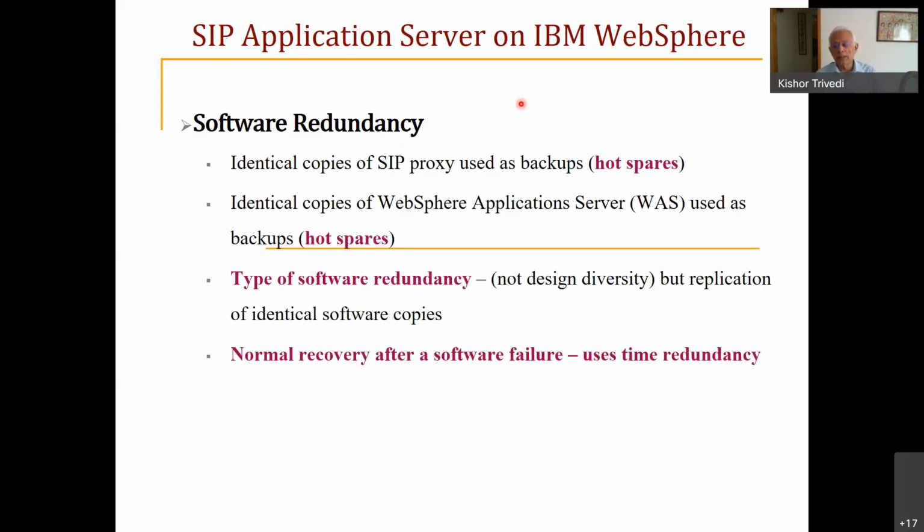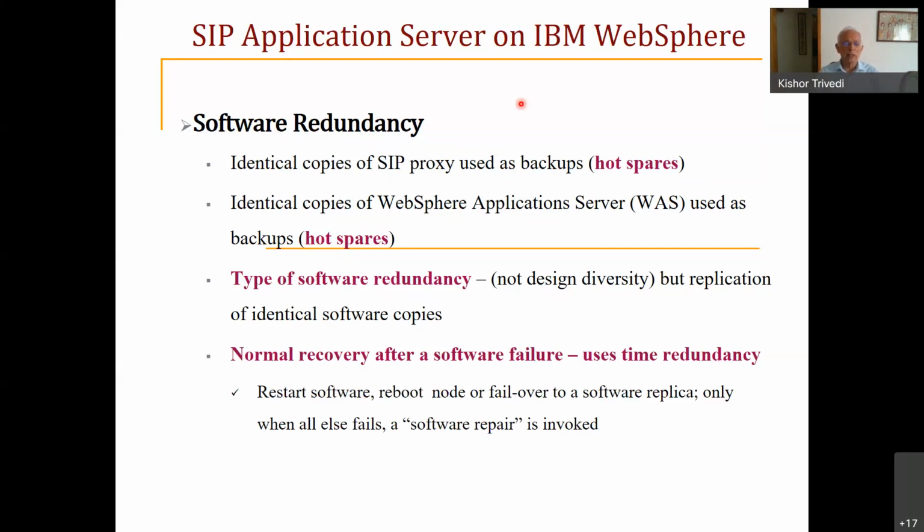Then I asked them, when a software failure occurs, if proxy fails or app server fails, what is the action? Normal recovery after software failure is using time redundancy. What is time redundancy? Restart the app server. If that doesn't work, reboot the node on which the app server is located, or fail over to its replica in the replication domain in the other box.